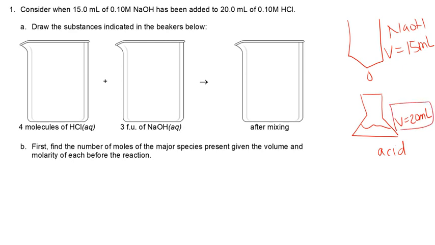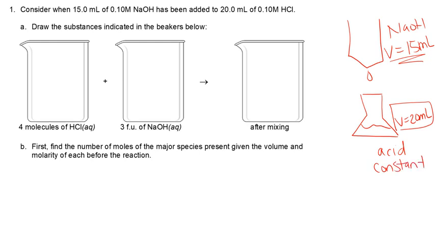The only thing that is changing during this titration is the volume of the NaOH. So we started with 0 NaOH and we had a pH of 1. We added 5 milliliters of the NaOH and we had a pH of 1.22. And now we're adding 15 milliliters of NaOH. And we're going to see how that changes the pH. But the volume of the acid concentration is constant. It's the NaOH that we are changing.